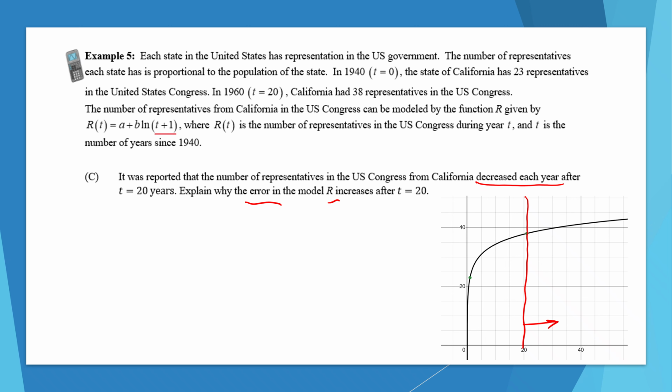And so let's draw two lines, right? The first line I'm going to draw is our model R. And that's going to be just this red line right here that runs through those points. And so model R is going to be constantly increasing. Now I'm going to draw another line, which I'm going to call what actually happens.